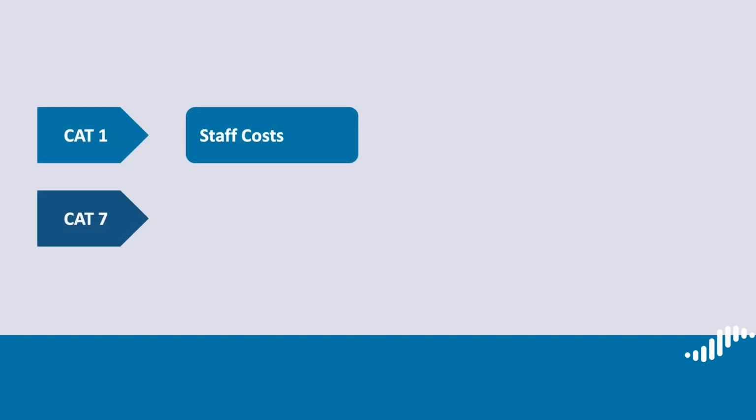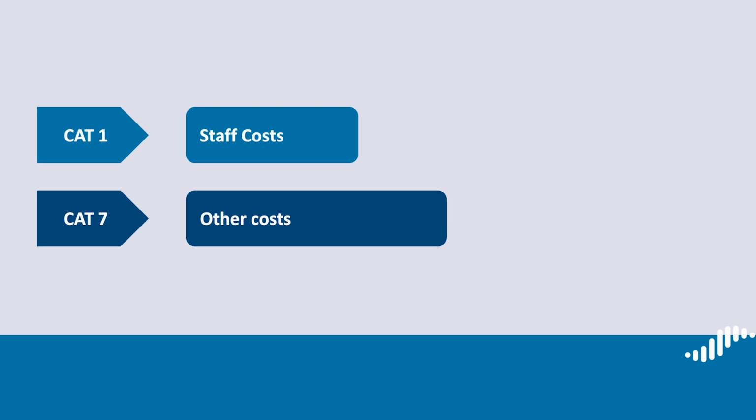We call them cuts. When planning the budget, you will use Category 1 staff costs and Category 7 other costs. As you will see, both cost categories are based on simplified cost options. We will explain to you the most important aspect of them later in the tutorial.